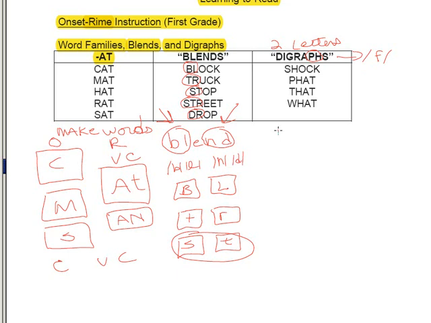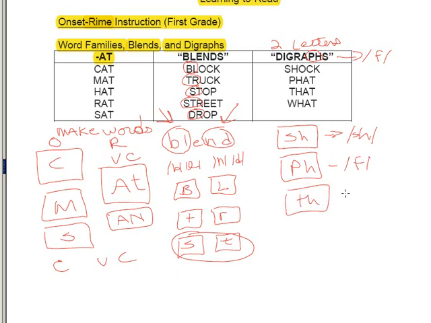So let's look at the onset position of shock, where you have an SH producing one sh sound, for example. Fat, a nonsense word, that PH is producing one f sound. And that, which is producing one single sound, and I'll transcribe it this way, that, and that's how you transcribe it. And what? What is producing just a simple w sound.